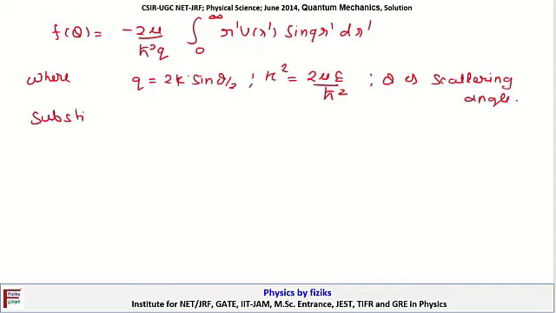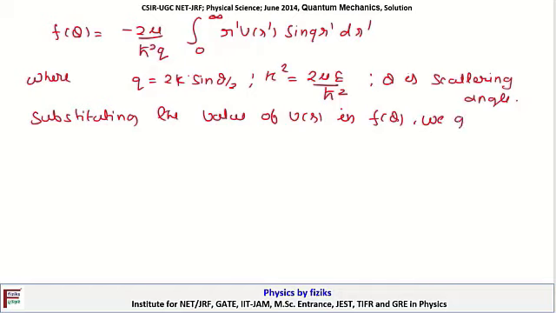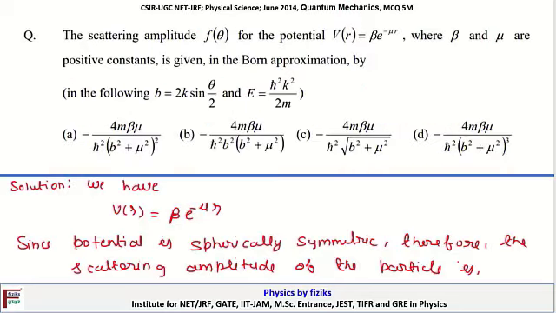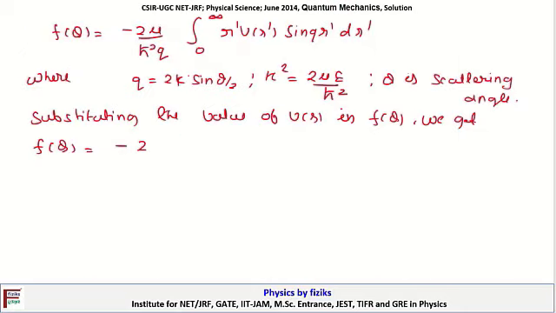Substituting the value of V(r) in f theta, we get f theta is equal to minus 2. In the question it is given in terms of m, so I would be replacing my mu here. Otherwise there would be confusion.